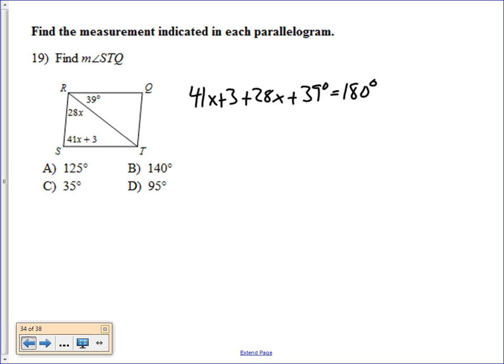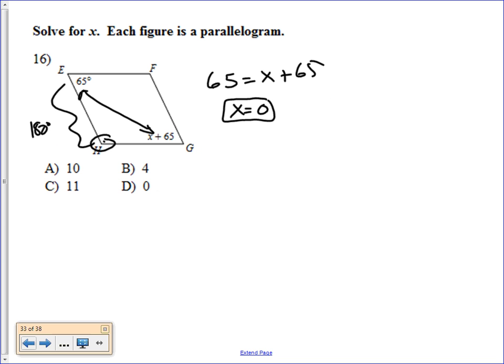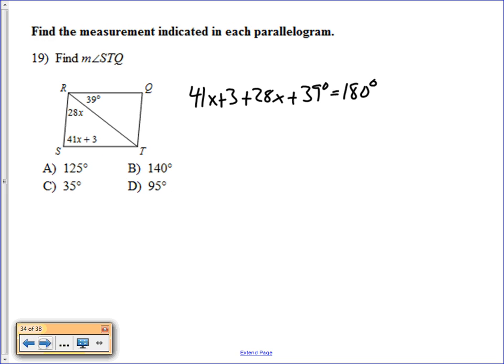Guys, that's the same basic problem we did right here. We said these two angles were equal to each other. And in this problem right here, I know this angle is the same as this angle right here. The way I go about finding this, based on the information I have, 41 plus 28 plus 42 equals 180.